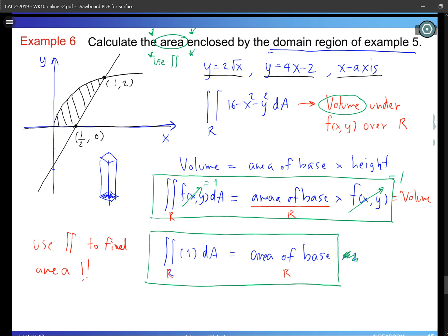And the main difference between this and the formulas we had before, the ones from Fubini's theorem, number 1 or number 2, is this 1. All you need to do is set the function value to be 1, and the result is going to be the area of this base. So this is what we use in this example to solve for the solution.